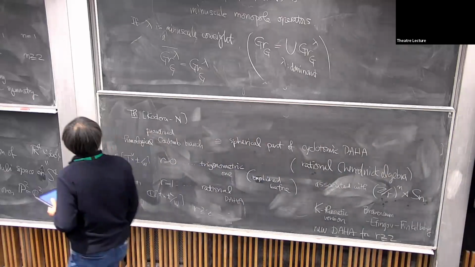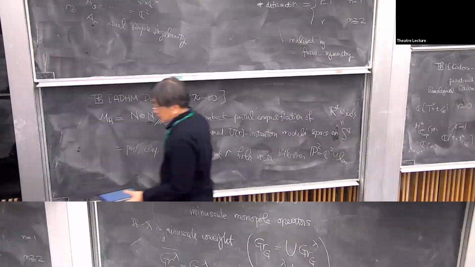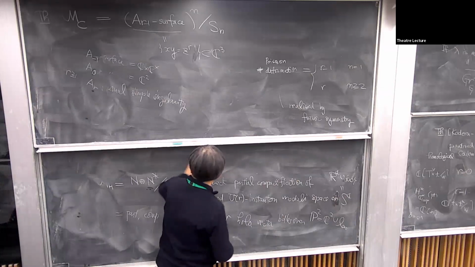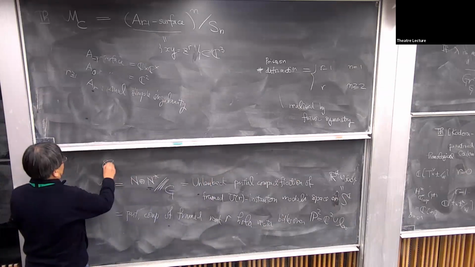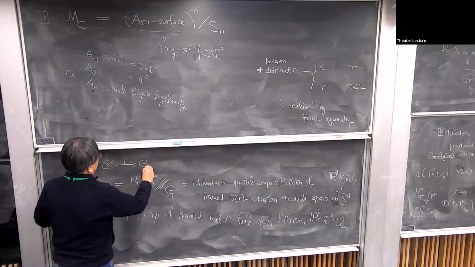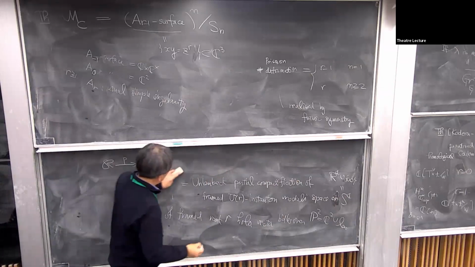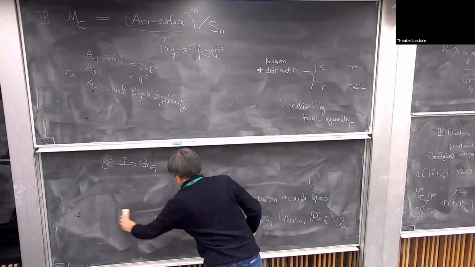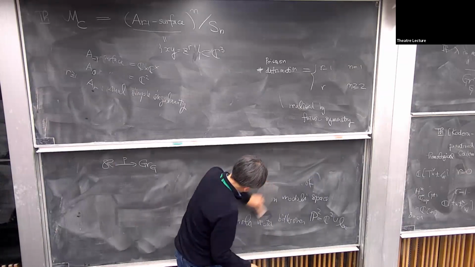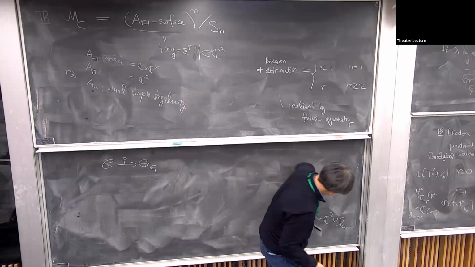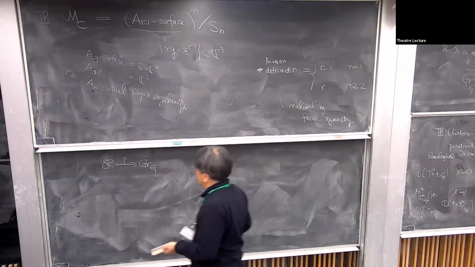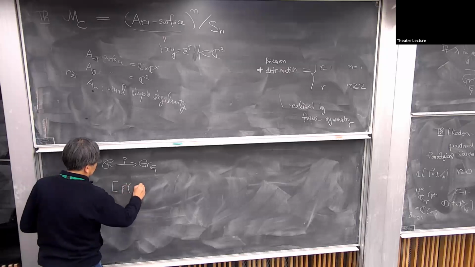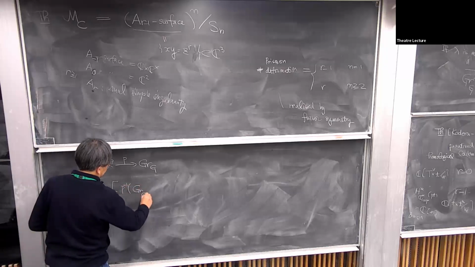Then you just take the inverse image. We have this homomorphism from the space R to the affine Grassmannian. So then you consider the inverse image of G of lambda.